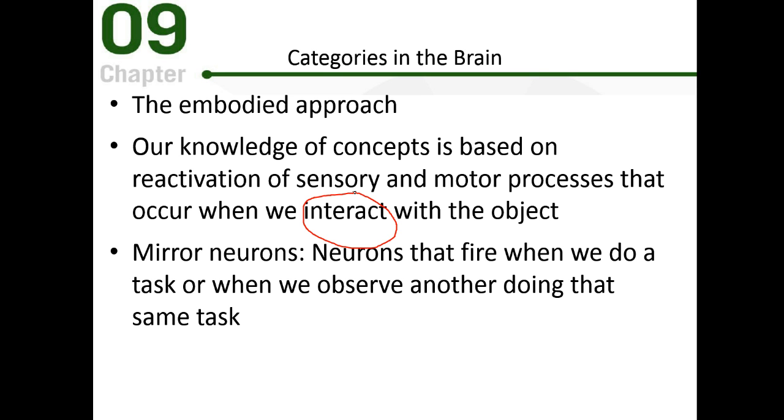So it turns out that we have neurons in our brain that will fire when we are cooking an egg, for example. But amazingly, if we are watching somebody else cook an egg, those same exact neurons will fire, and that's known as mirror neurons. So this is yet another approach that helps us to understand how we represent these different categories in our brain.